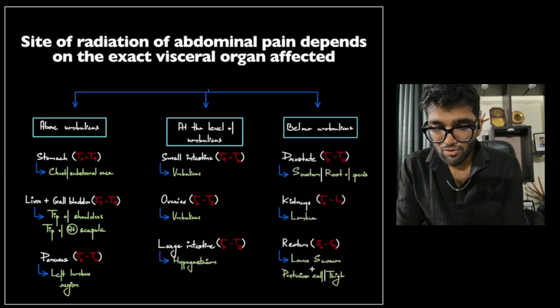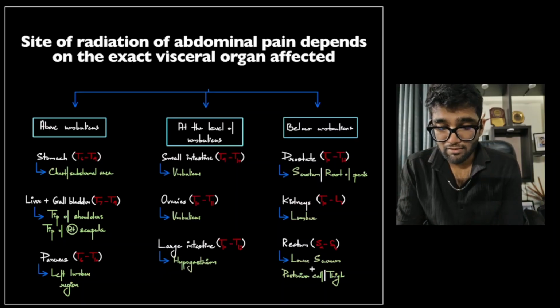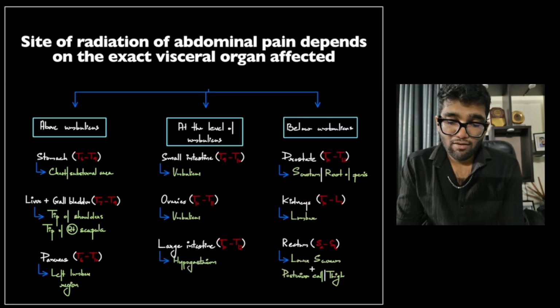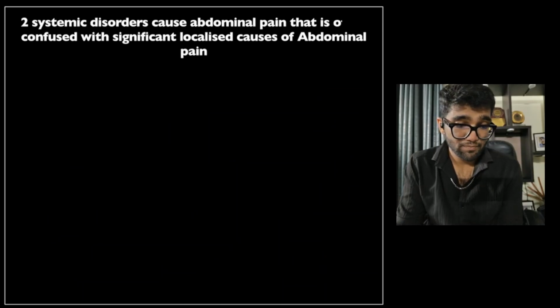Now, in case of the prostate, the radiation is often either to the scrotum or the root of the penis in patients. Then, in case of renal involvement, the pain radiates to the lumbar region, and in case of rectal involvement, it radiates to the lower half of the sacrum, or to the posterior calf and thigh.